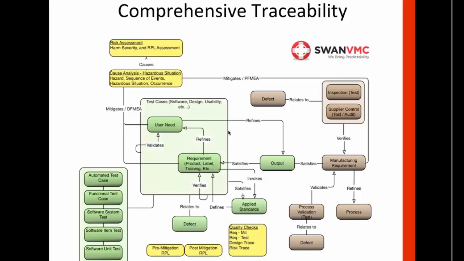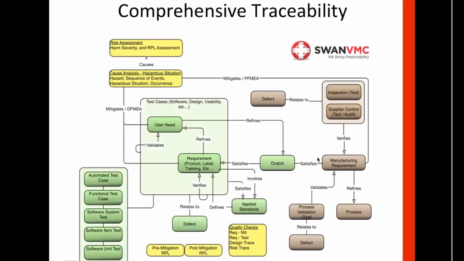So the user need and the product requirements are mitigations to hazards, but also the process failure mode analysis is too. So of course, when you do the DFMEA, we're looking at design components and how those can fail, and then the process, we are looking at the process and how fabrication of the product can fail.